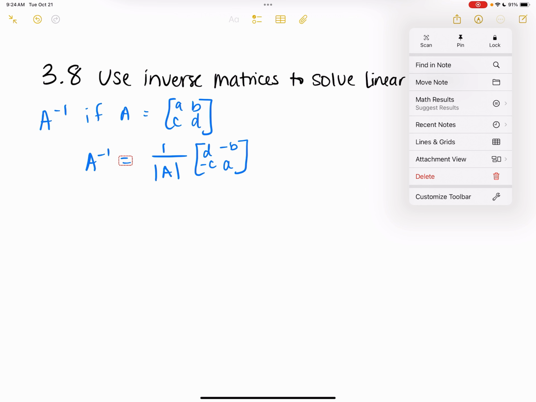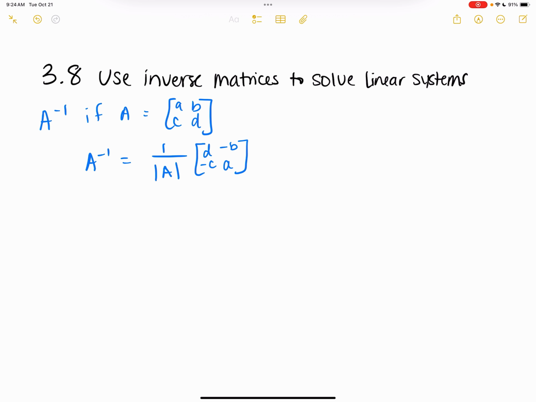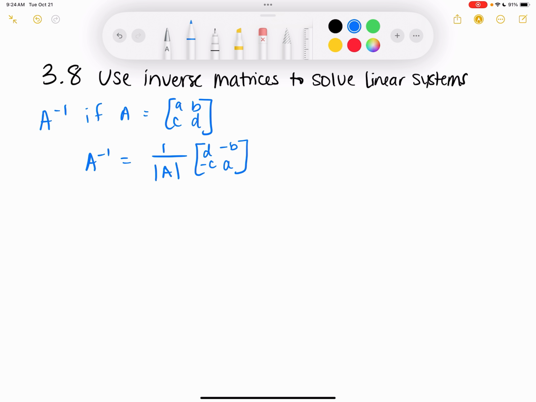But again, you should have already had that in your notes, so that's just a quick refresher. And obviously that's given that the determinant's not 0.